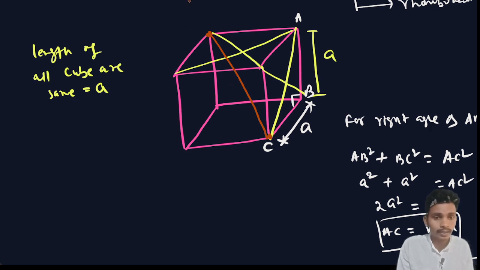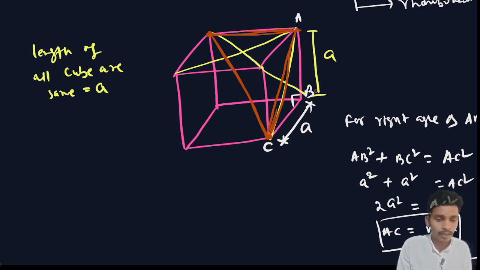So if you see that, if you take this and this, it is one of the right angle triangles.